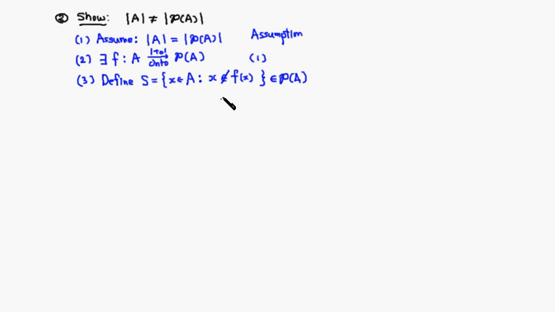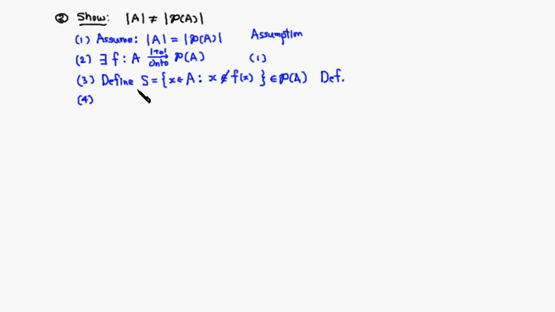So this is just a definition. Then we're going to show that there is no element in A which is mapped to this particular set S. So let's do that. Line 4: we are trying to say that f is not onto, but it's supposed to be onto because it's a bijection.